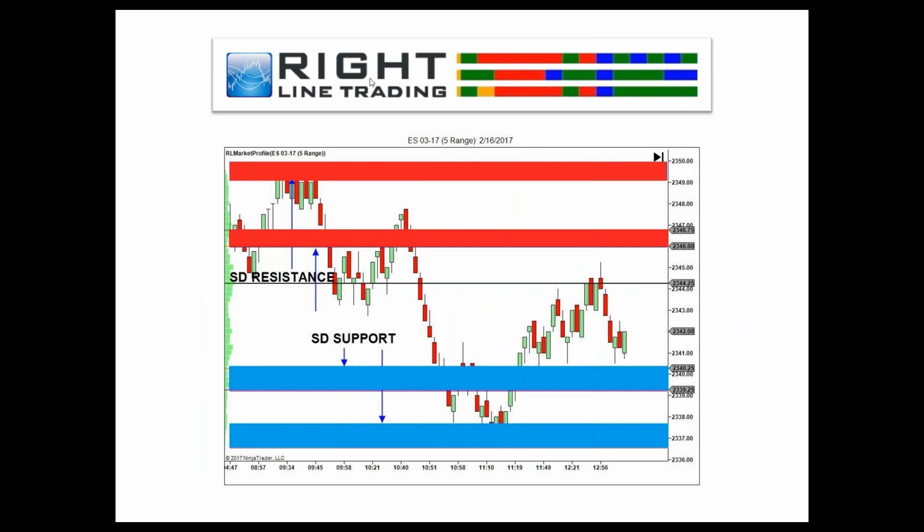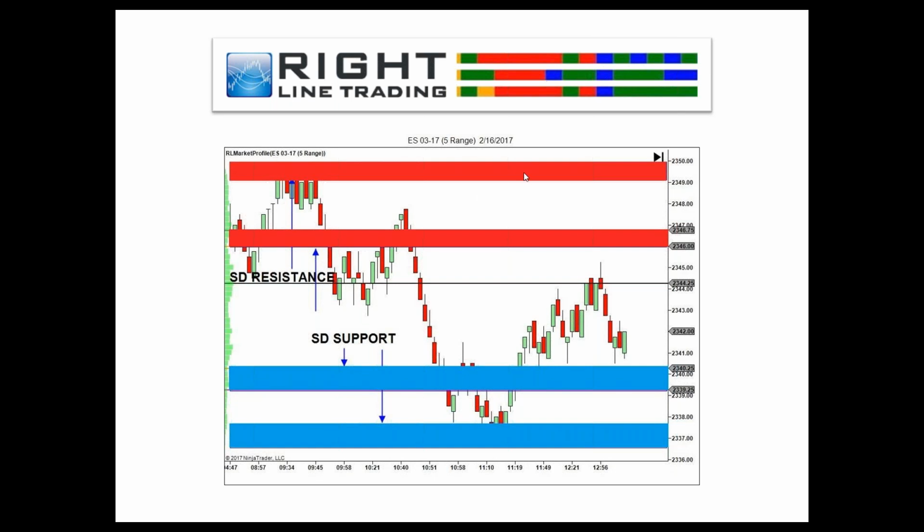Now, I've seen a lot of volume profiles or market profiles create zones of rejection and zones of support. They're red or they're blue. And that's really an inappropriate use of market profile. Remember, when support is broken, it becomes resistance. And when resistance is broken, it becomes support.